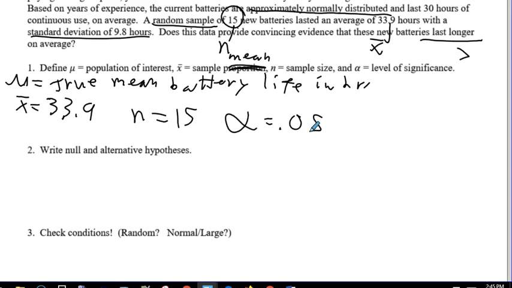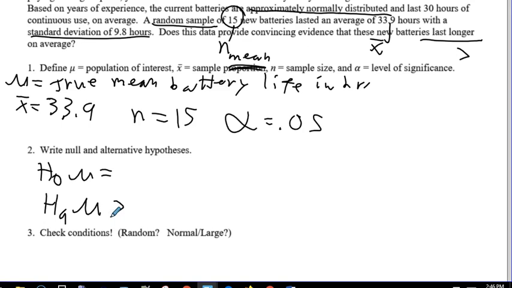Our null and our alternative, so H0, Ha: mu equals, and mu, whoopsie, that didn't go right. Mu, we said it's going to be greater than, we know that from the wording that says last longer. What's the number we're comparing to?